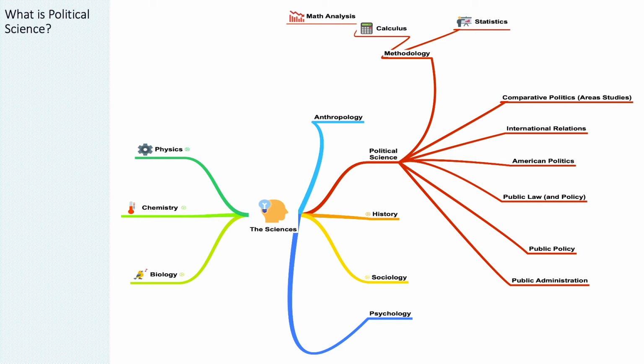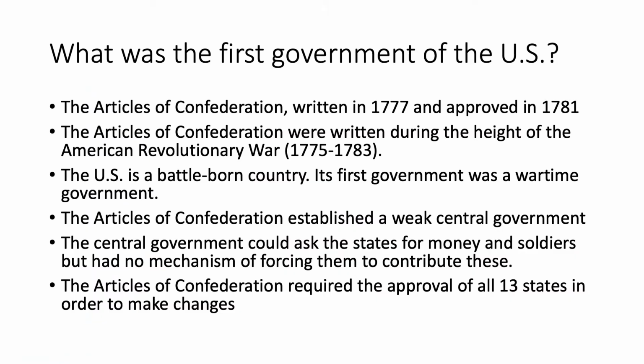Now, other disciplines in the social sciences have a similar dilemma. Take history as an example, in that history explains what happened before, but it cannot generate very accurate predictions for the future. So that's a quick rundown of social sciences and political science in particular.